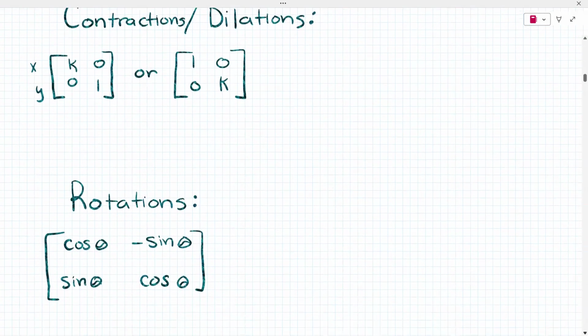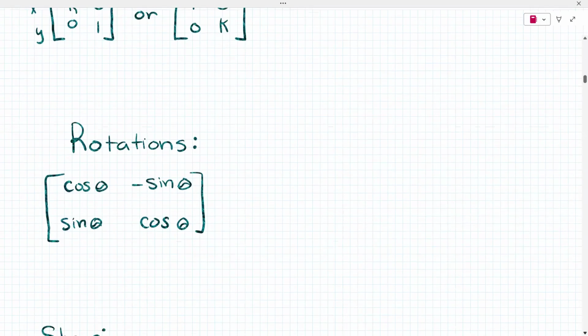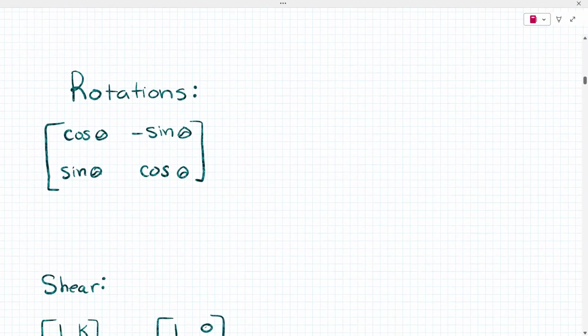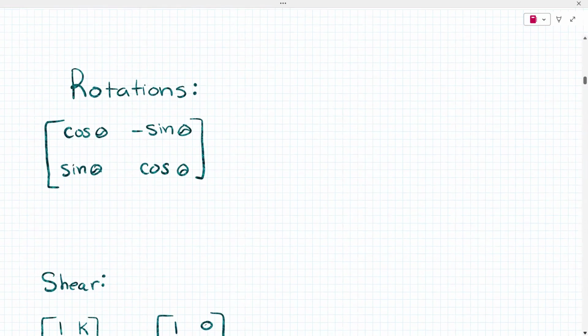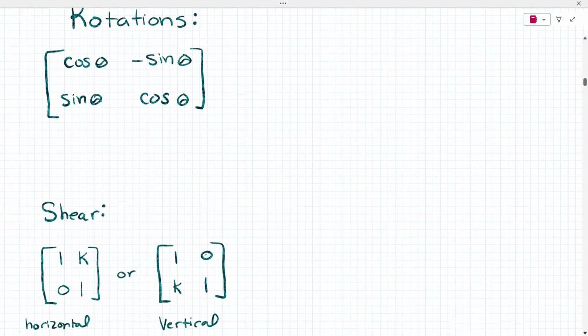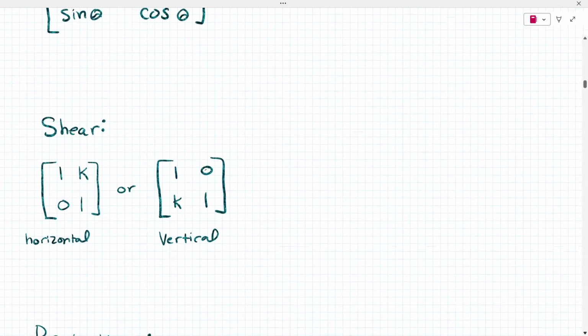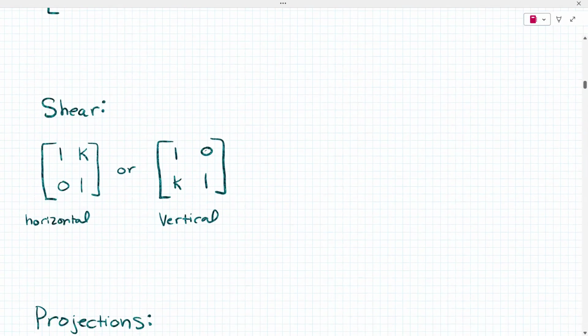So what about rotations? You can do a rotation if you set it up like this: cosine theta, sine theta, negative sine theta, cosine theta. Just go ahead and write that down in your notes. For a horizontal shear, you're going to set it up like this: 1, 0, K, 1.